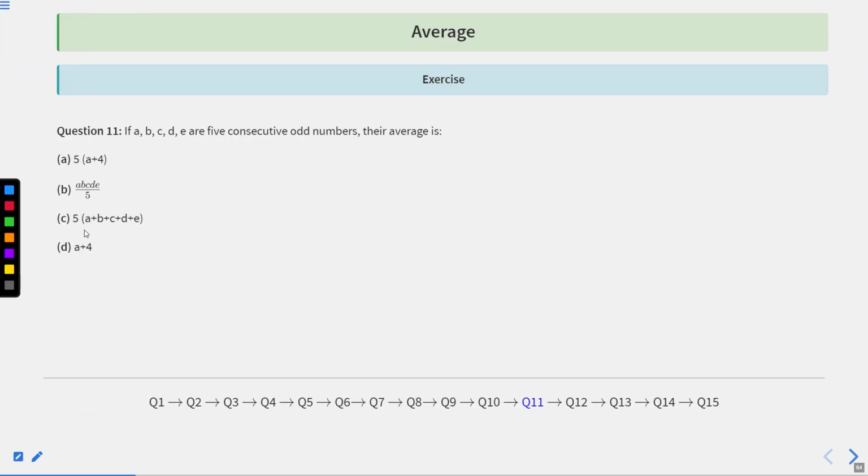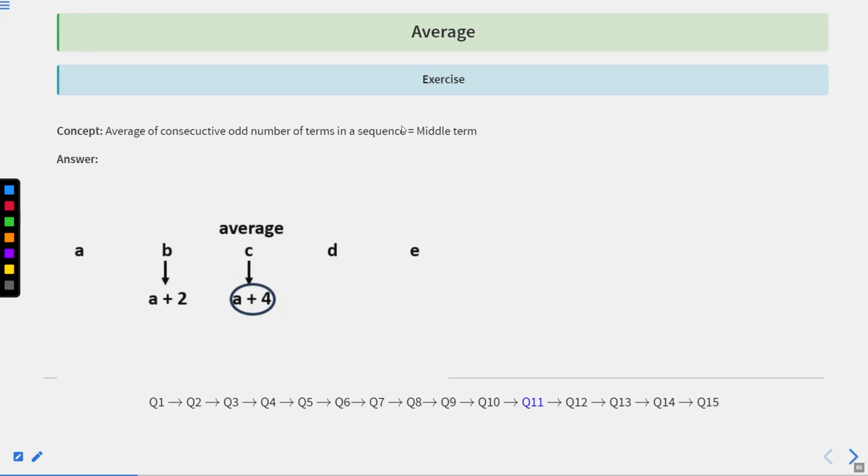So moving on to question number 11. If A, B, C, D, E are 5 consecutive odd numbers, then their average is? So we have 5 consecutive odd numbers and we are interested in finding their average. So the average of consecutive odd numbers or terms in a sequence is equal to the middle term. This concept we have solved multiple times.